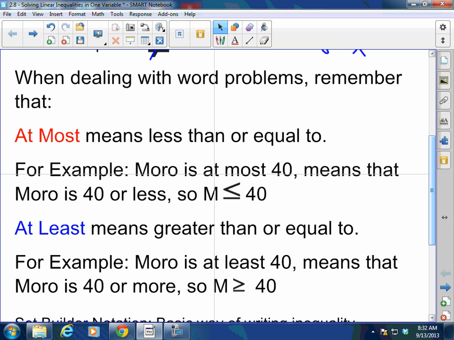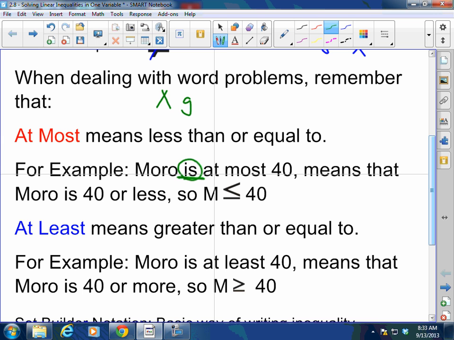Let me explain how this works and how to identify when you have an inequality. It says here, moral is at most 40. First of all, what does is mean, guys? Equals, right? Okay, so look, whenever you have an is, that activates the inequality sign. Let me explain what I mean.